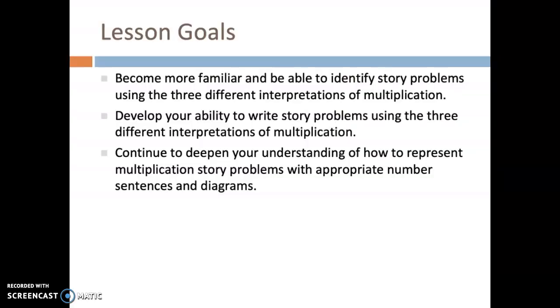Our lesson goals for lesson 12 are to become more familiar with and be able to identify story problems using 3 different interpretations of multiplication. We're going to develop your ability to write story problems using the 3 different interpretations of multiplication and continue to deepen your understanding of how to represent multiplication story problems with appropriate number sentences and diagrams.